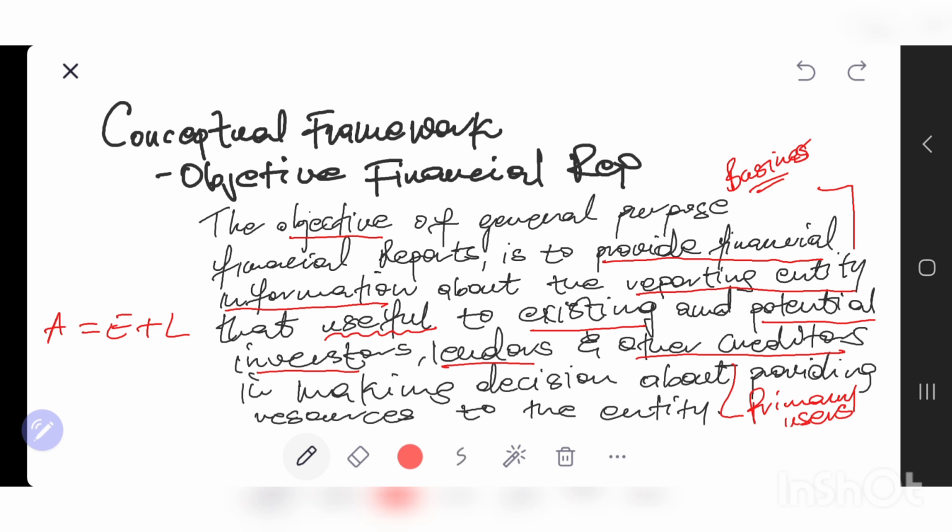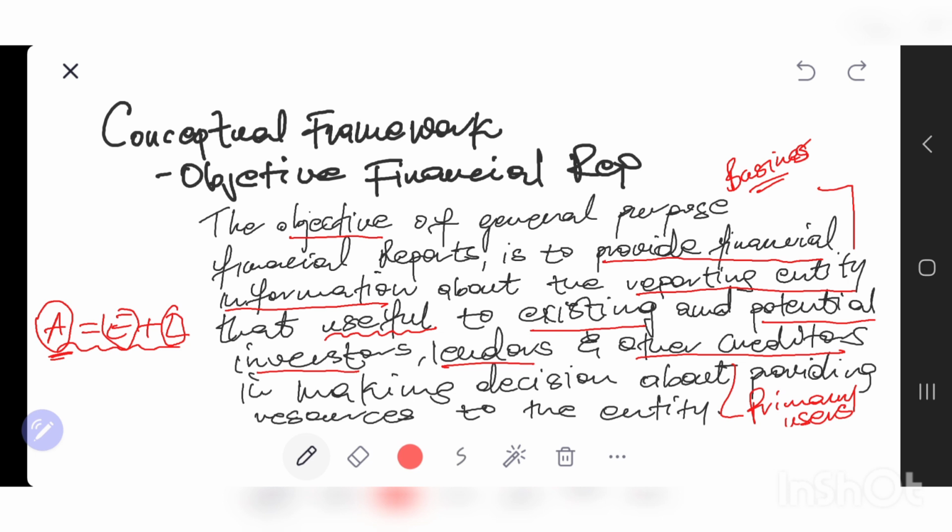So the accounting equation basically says that the assets that the business owns are equal to the equity. Equity is the capital, which is the money that was contributed by the owners, plus the money that was borrowed from other people. So if you take that money that was contributed by the owners and the money that was borrowed from other people, you can use that money to buy the assets that the business owns.